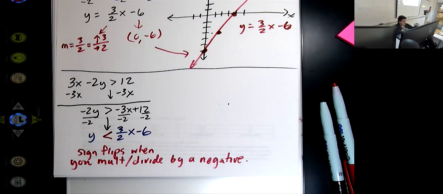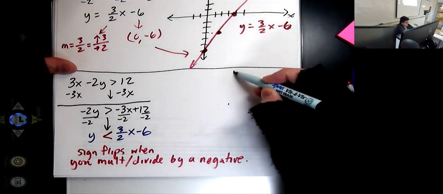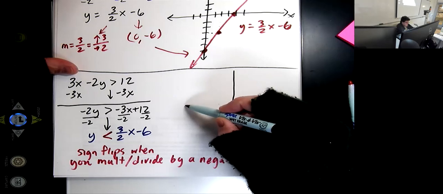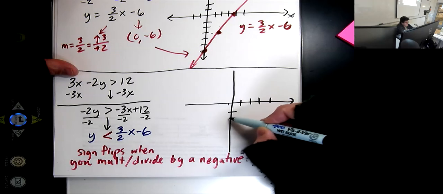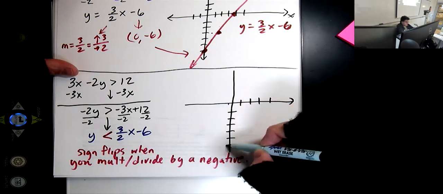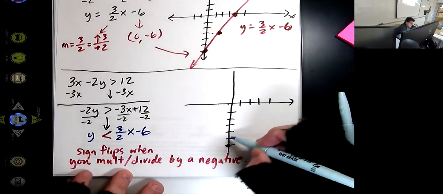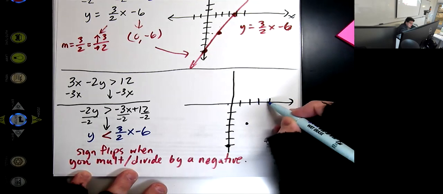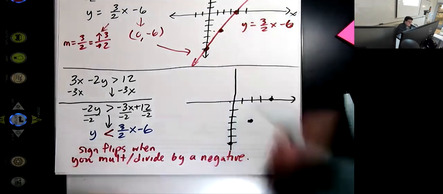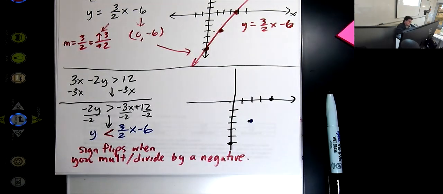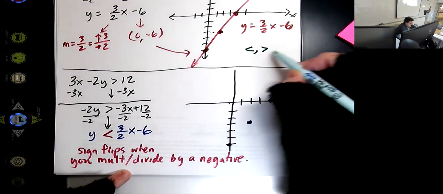Now, there's more stuff going on when we graph it. We're still going to follow the same steps, except for one change. If you have a less than sign or a greater than sign, the line is dashed.